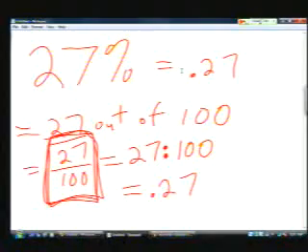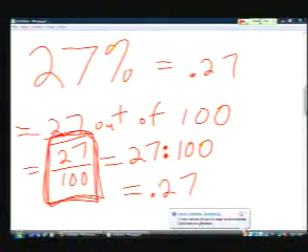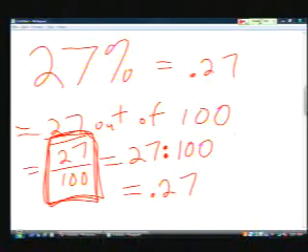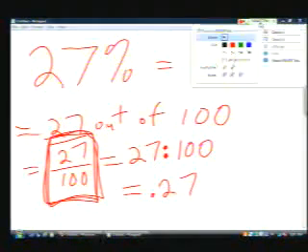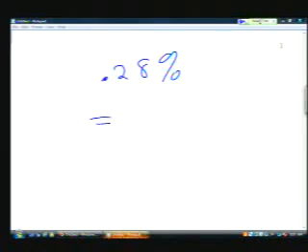If I give you a tricky problem, now don't let me fool you even though it's early in the morning here. If I have something of 0.28% and have you change that to a decimal, 0.28%.